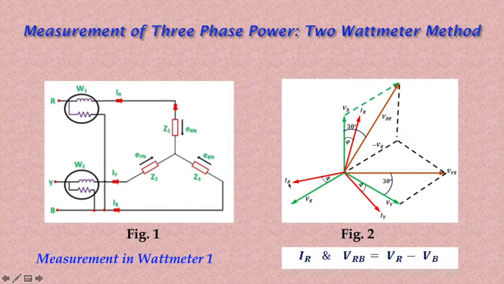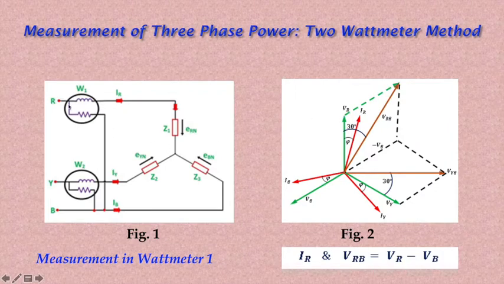So draw the phasor diagram. These are the phase voltages VR, VY, VB, and the angle between current and voltage is phi. So these are IR, IY, IB. Then the opposite of VB, so this is minus VB. Then the resultant, VR minus VB, that means VRB.